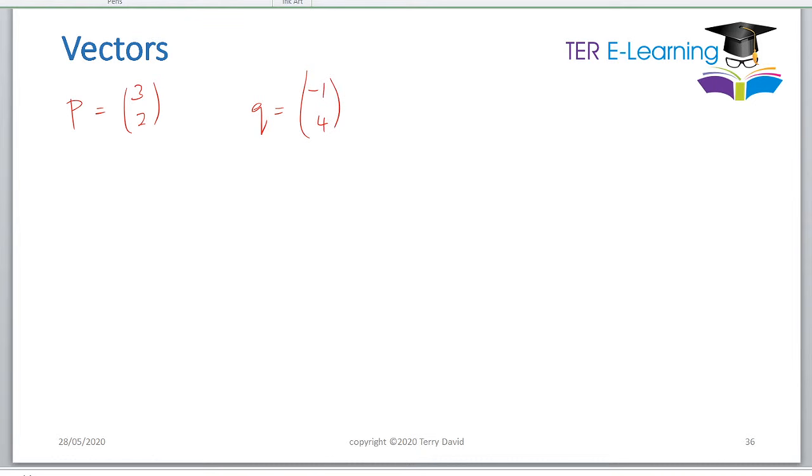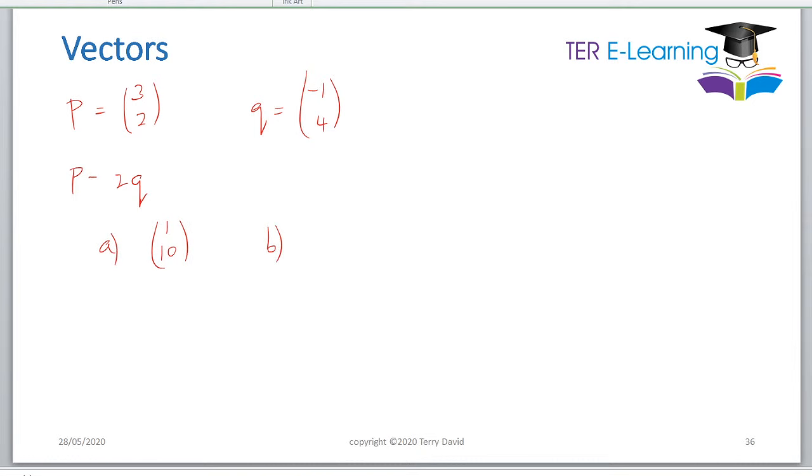So we have two vectors here, P and Q. And what the question wants us to work out, this again is an exam question, is P minus 2Q. That's what the question is asking. And these are my answers. A is 1, 10.